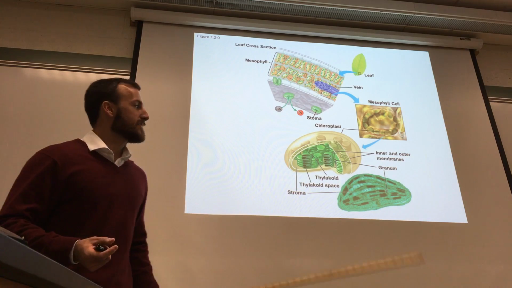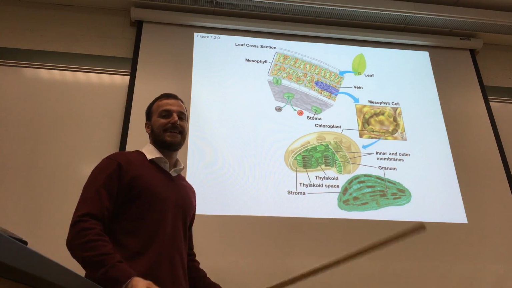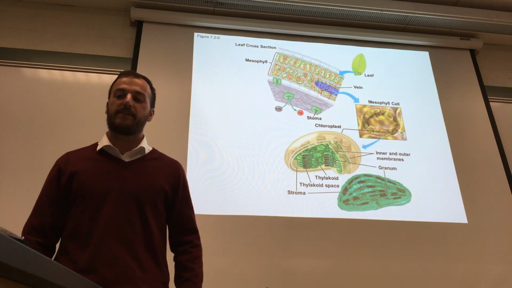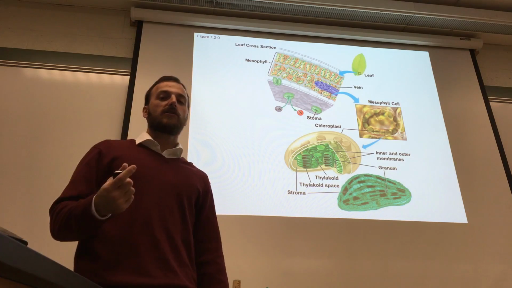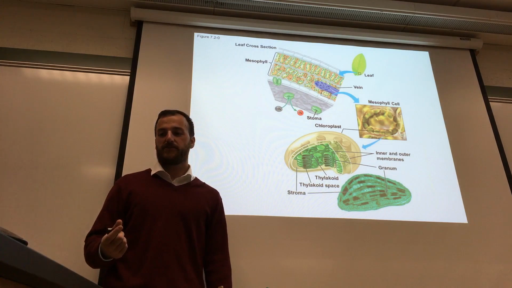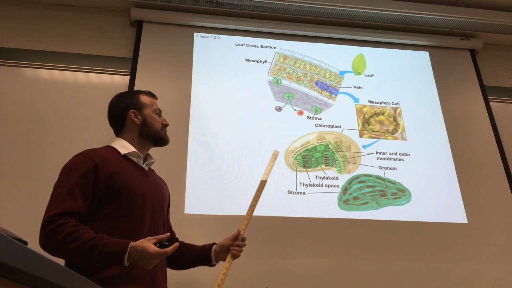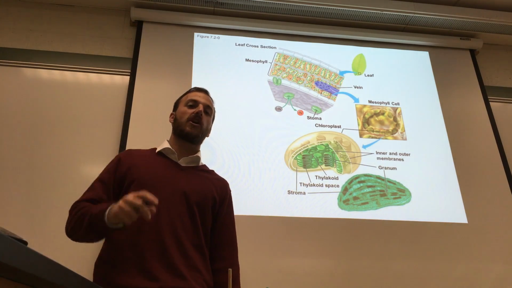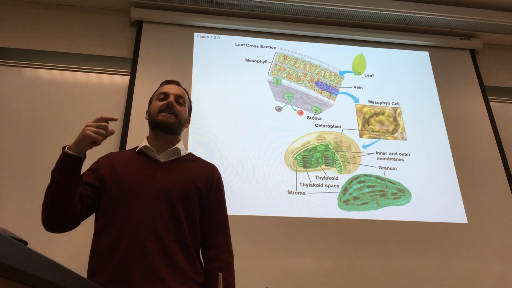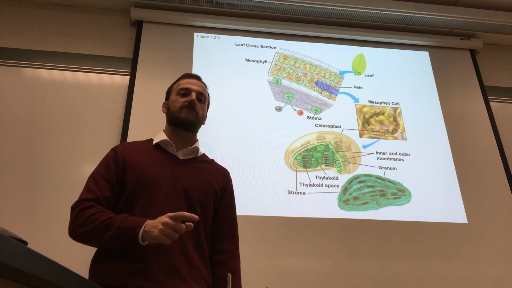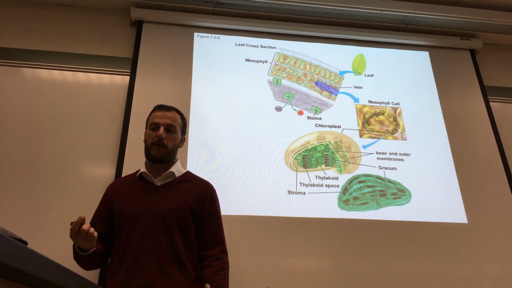Our thylakoids are thin discs, a stack of which are called grana, and they are going to be the site of our light-dependent reactions. And our stroma, on the other hand, is going to be the home of what are called our dark reactions, light-independent reactions, or the Calvin cycle. Those three terms are all interchangeable in my mind.